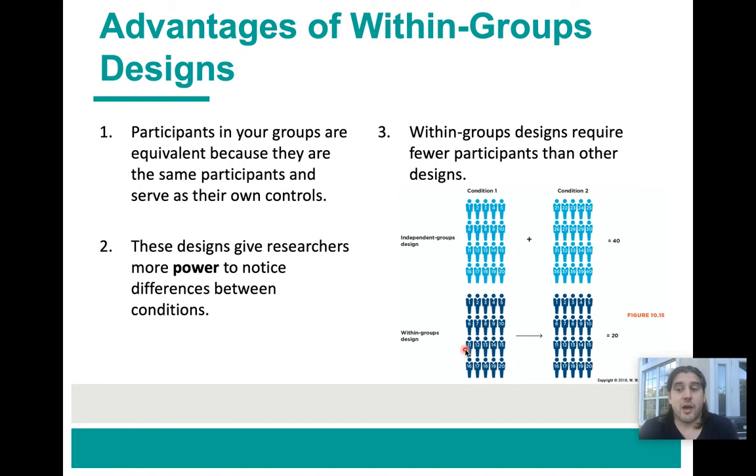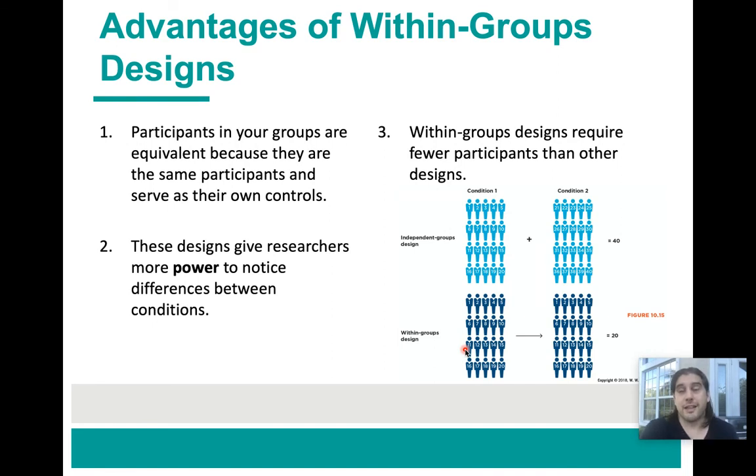And so because of that, we need fewer people. So within groups designs can be more efficient, more effective. We can get similar outcomes with fewer individuals, fewer participants. So these designs can be more efficient.